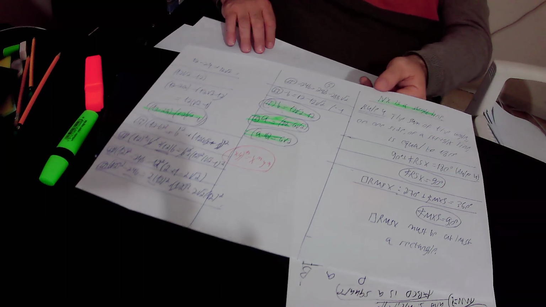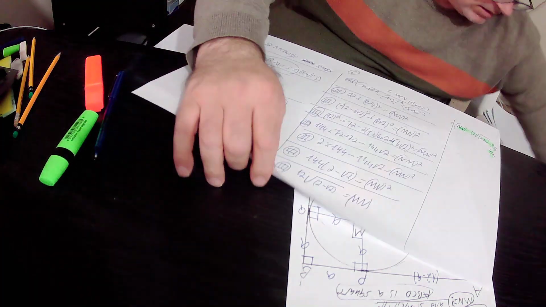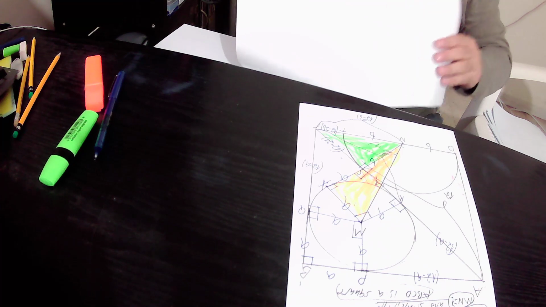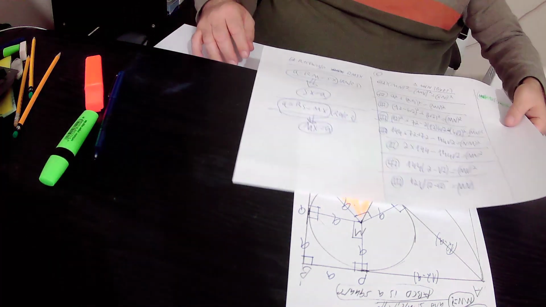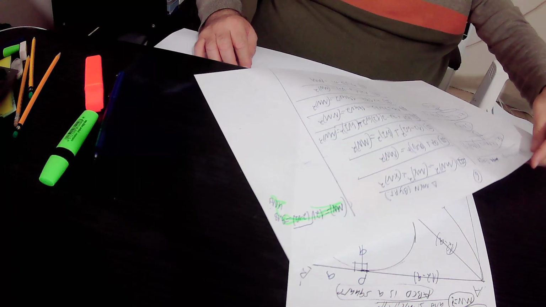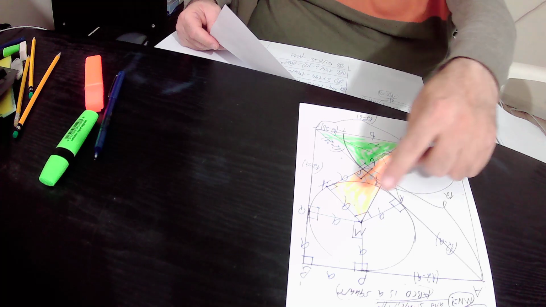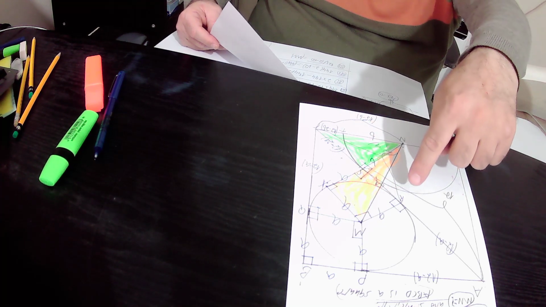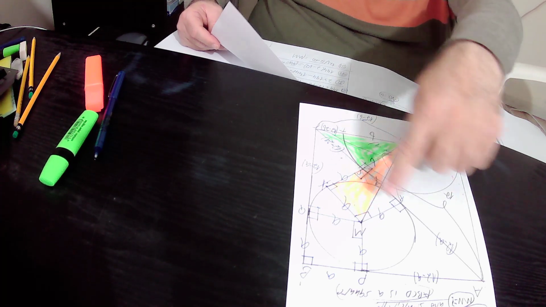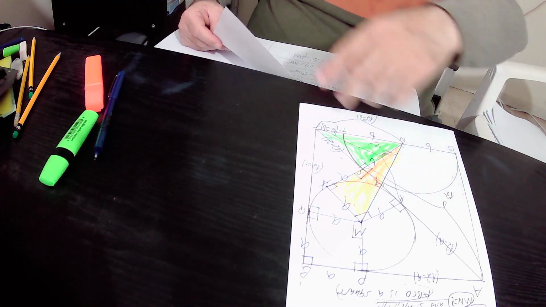Here we have rectangle RMSX. That is to say, RM must be equal to SX, according to rule number 3.